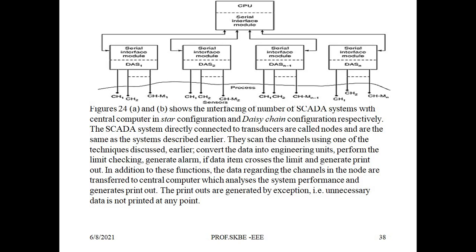Here the CPU, then interface module, serial interface module due to channel 1, 2, 3 and main channel 1 and channel 2 is the process, and then channel 3 and then up to the nth value.